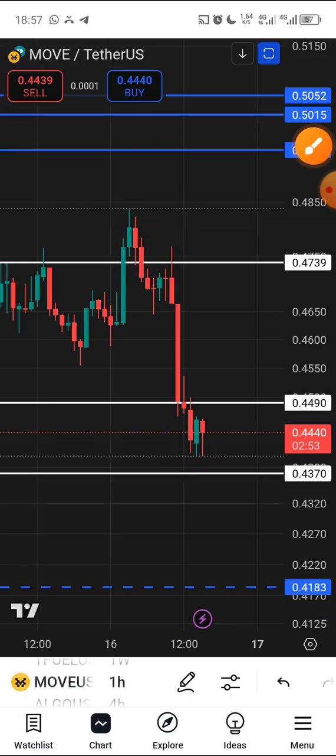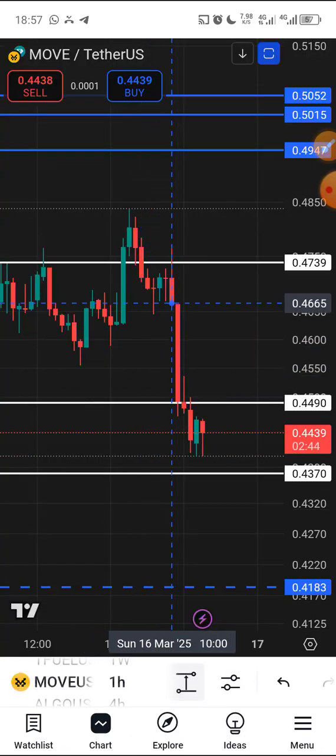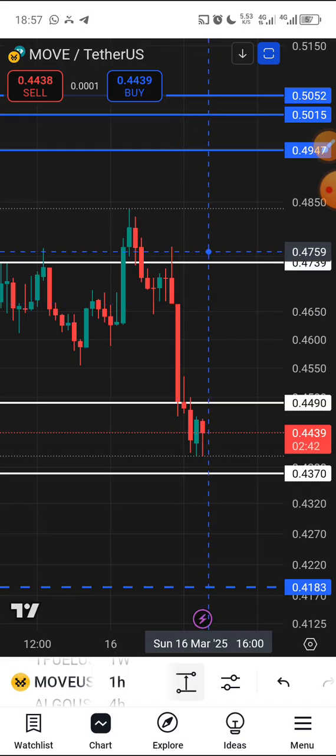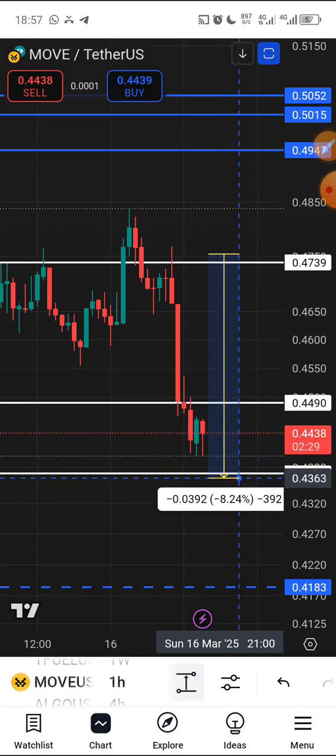So you will get different percentage call drops. Like in this case, let's say we took our entry at this point here, so we measure up to this point, it will be a negative 5.5%. Or if we take this to be our last discount, it will be 8%.